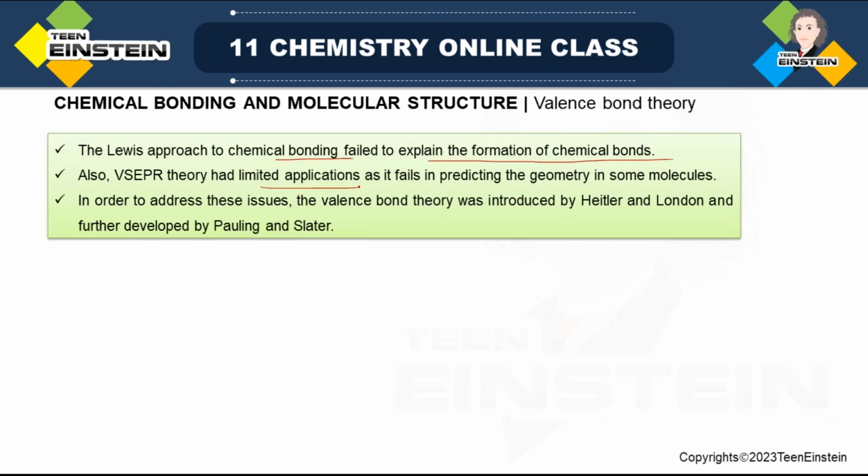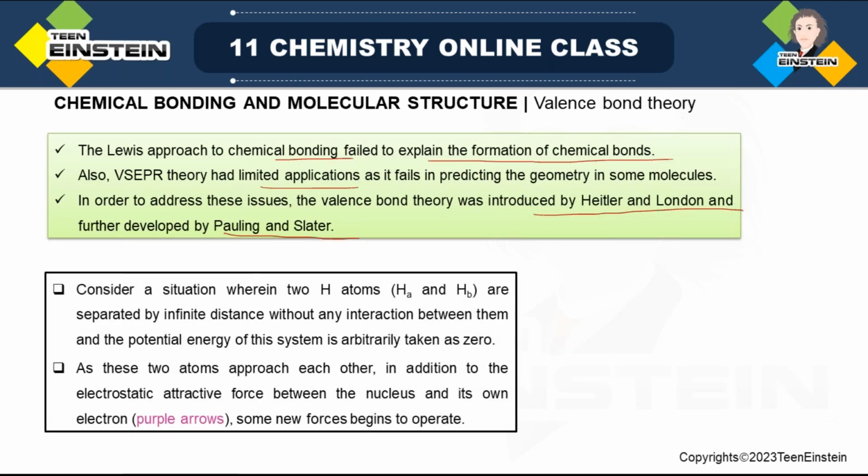You will never see any transition metal or d-block elements. That means for d-block elements, this theory cannot be applied. You cannot get the correct result. So these are the limitations. Now, in order to address these issues, valence bond theory was introduced by Heitler and London, and further developed by Pauling and Slater.